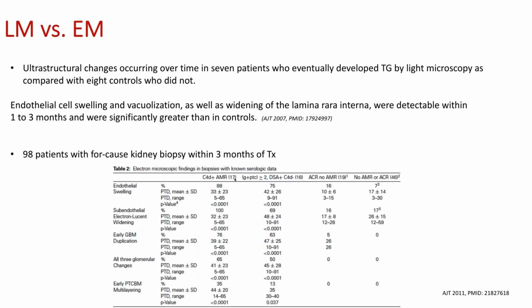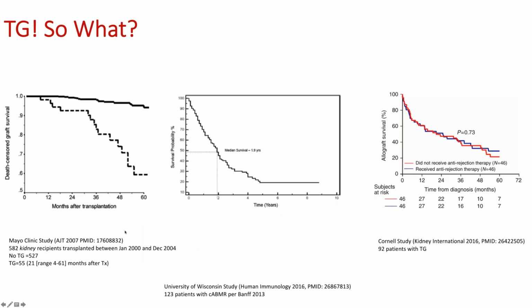So with these 98 patients, if you classify them as C4d positive AMR, ACR with no AMR, or completely normal, no AMR or ACR, you can see that there was an association between a light microscopic defined AMR and electron microscopic changes of endothelial swelling, subendothelial electron-lucent widening, and early GBM duplication.